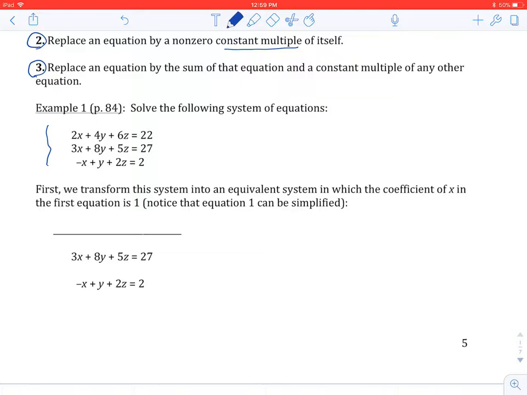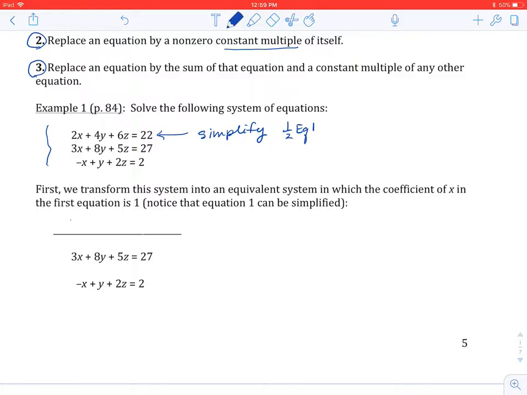This first equation is 2x plus 4y plus 6z equals 22. If we wanted to simplify that, we could easily multiply equation 1 by a half because all of those coefficients and the constant are even, and that would be simpler.